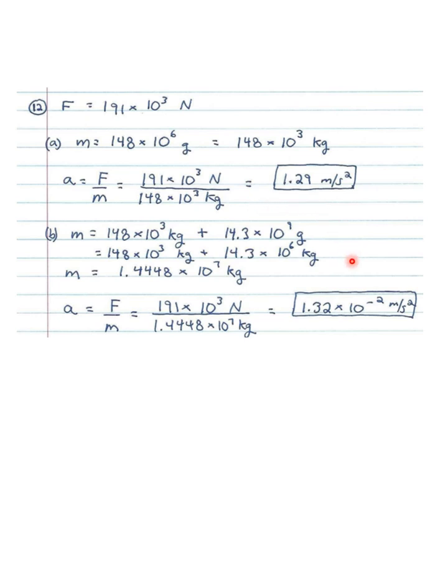We need to get all that in kilograms. So that becomes 14.3 times 10 to the 6 kilograms. When we add those together, the mass is 1.4448 times 10 to the 7th kilograms. Then acceleration is force divided by mass, and you get 1.32 times 10 to the negative 2 meters per second squared.